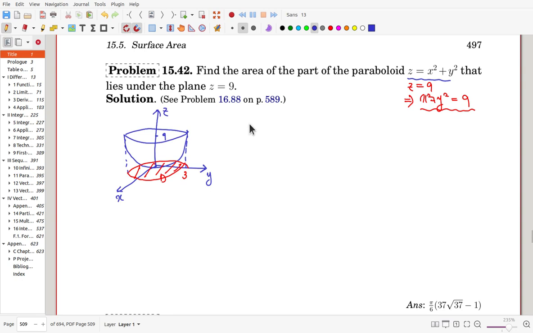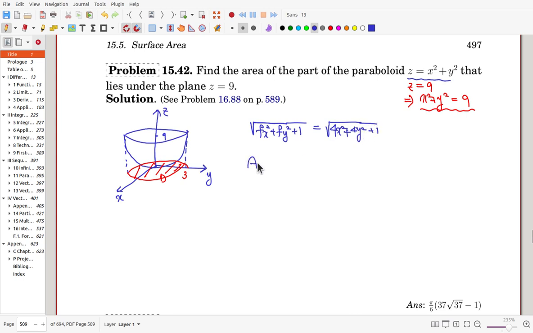We have to get the square root of f sub x squared plus f sub y squared plus 1. Okay, f sub x is 2x, so that must be 4x squared. f sub y is 2y, so therefore 4y squared, and plus 1.